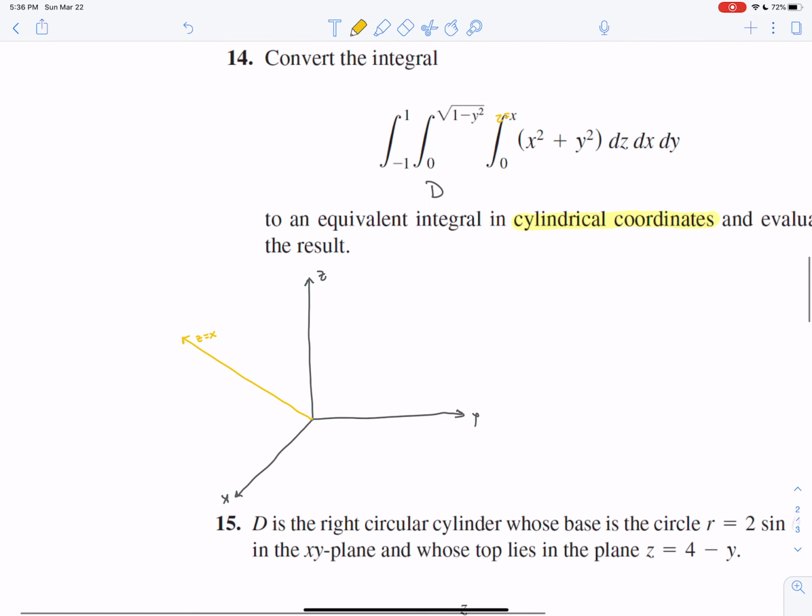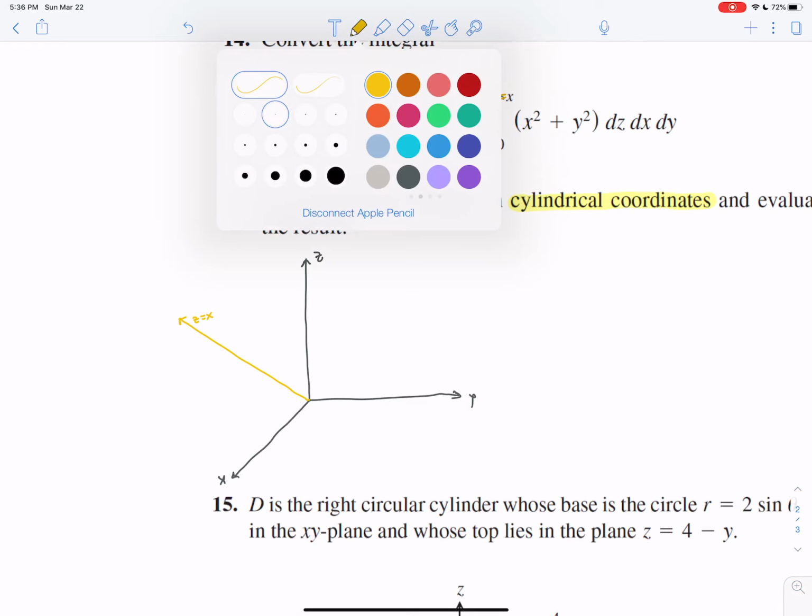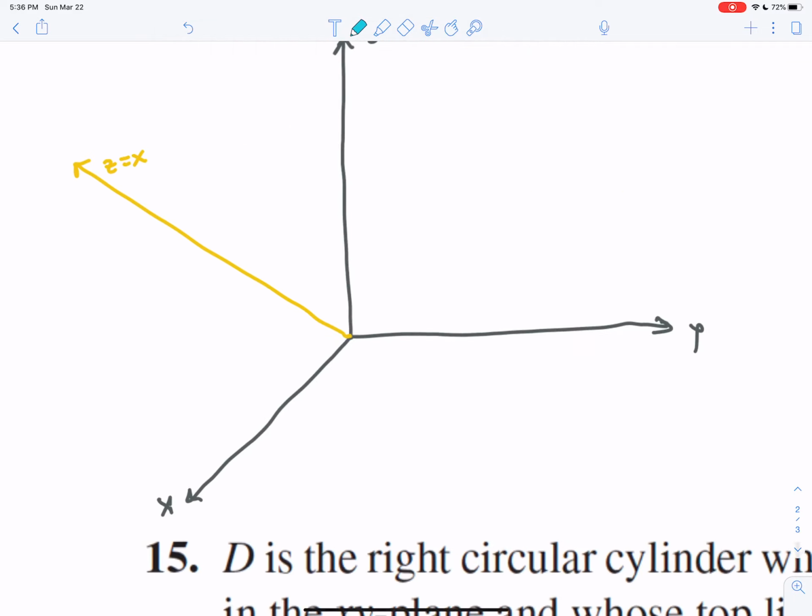And then in the x direction, we're going from 0 to x equals the square root of 1 minus y squared. And we talked about this a couple sections ago. That's our semicircle on the positive x portion, right? So where x is positive, that's going to be a circle of radius 1.